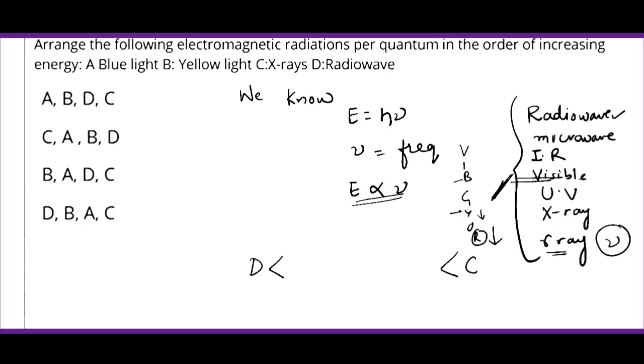Hence yellow has lower frequency than blue light, so option B will come here, because B stands for yellow light, then A, and then C. So the required order is D B A C, that is option D. Hence option D is right.